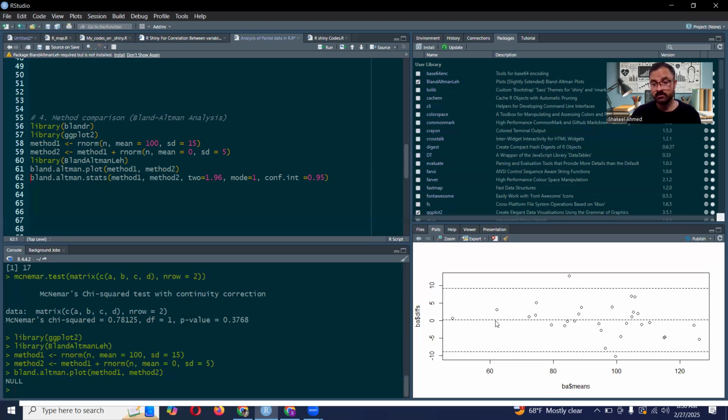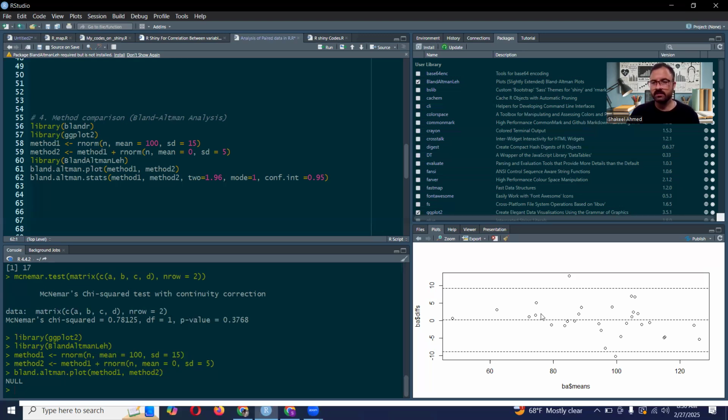And if the points are close to the center line, which is 0, meaning this is basically the mean difference between the two scores, that is 0, and if the points plot close to the center line, we say that the two methods agree with each other.